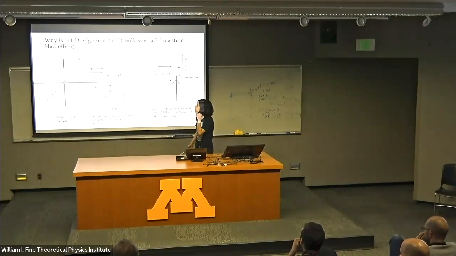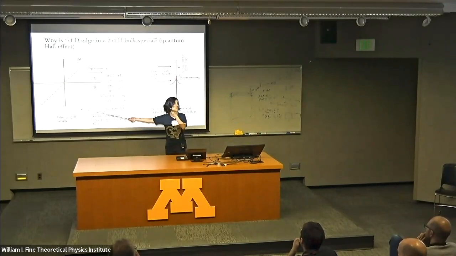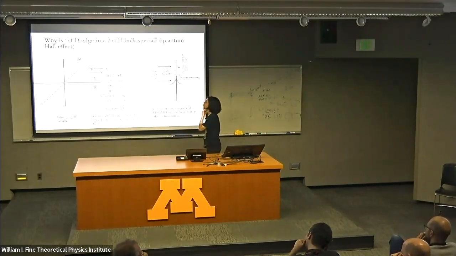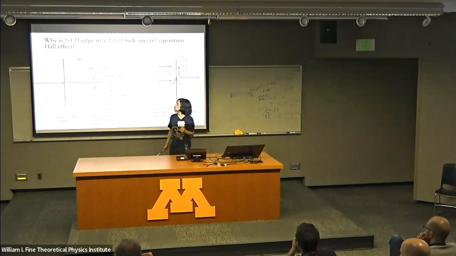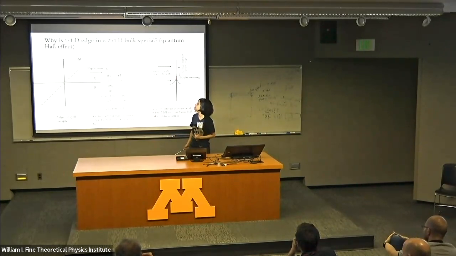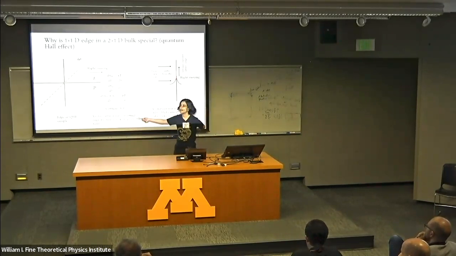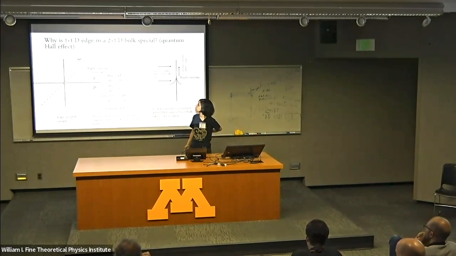And to explain that, here I'm drawing the edge of a quantum Hall sample. So as you know, if I'm looking at the boundary of a quantum Hall sample, if I want to draw the spectrum there, I have either a right moving or a left moving massless fermion living on the boundary.